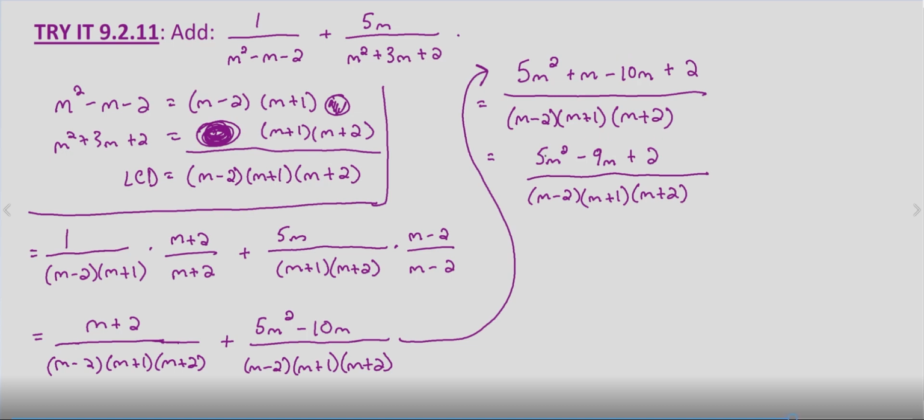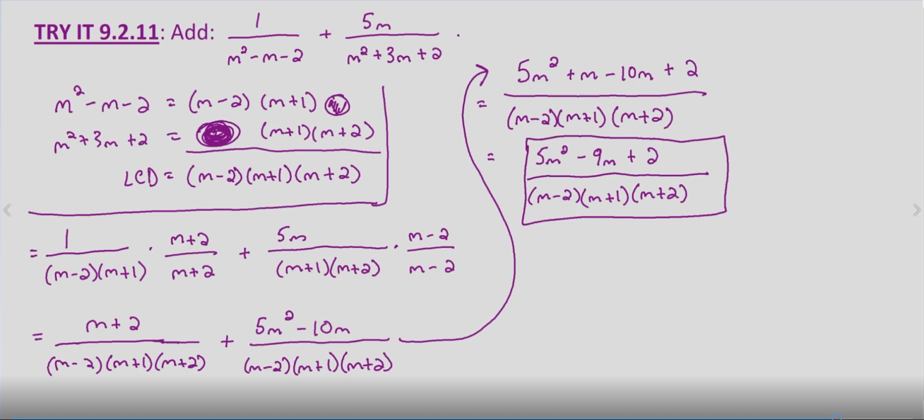I can tell you, though, that in this instance, this will not factor, so we're not going to waste our time showing that it's not going to factor. It's prime. 5m squared minus 9m plus 2 will not factor. So this is our final solution for our addition problem of these two rational expressions.